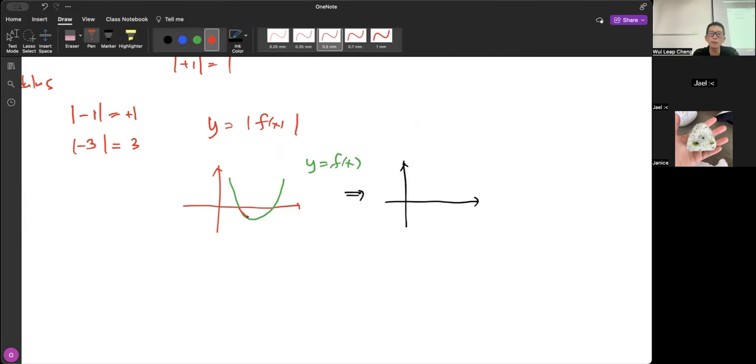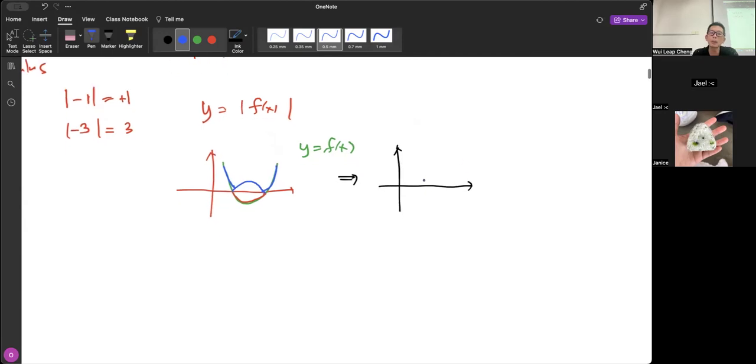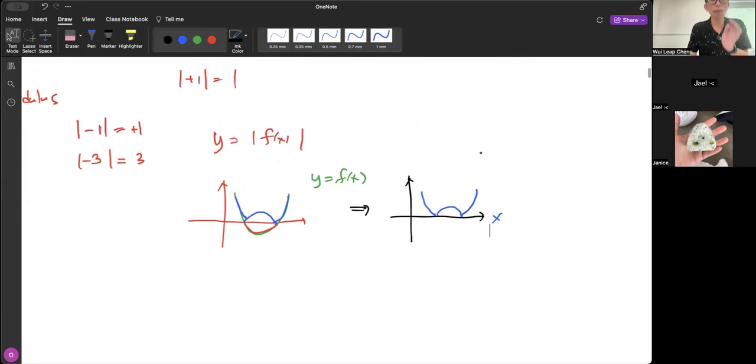Can you see that this is negative? That means it's below the x-axis. The graph will be reflected like that. It means the graph will become like this. Originally like that, after reflect, the graph will look like this. Do you understand? 就是下面的部分反上来。The part below the x-axis being reflected. 这边反上去就对了。No other thing. Just reflect.